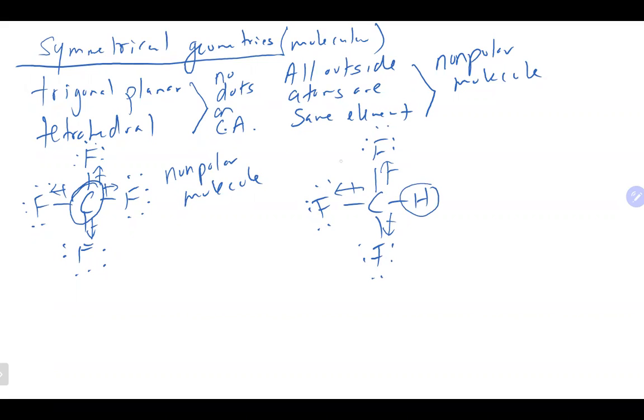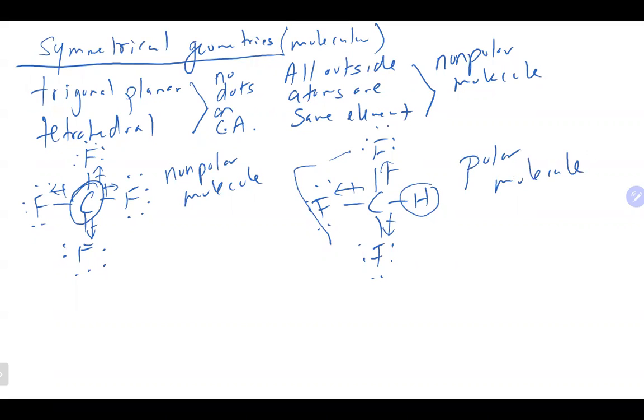So what we end up having in this case is actually like three of these guys kind of pulling to the left, and the guy with the hydrogen really not pulling back the other way. He's actually going with them a little bit. And what you could kind of visualize is we're going to get kind of a net movement that's going to happen. So if you happen to have one of these geometries where you have no dots on the central atom and everything on the outside is not the same element, it will actually go from a nonpolar molecule to a polar molecule in that case.